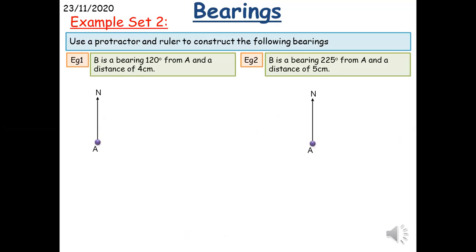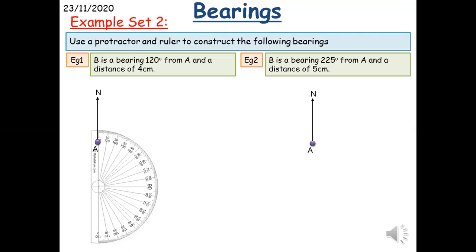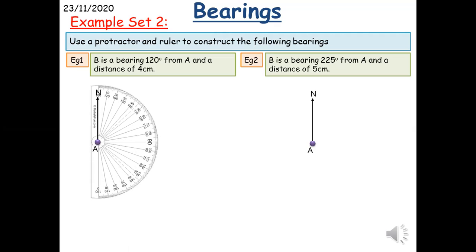Okay, another example, we're going to draw. B is on a bearing of 120 degrees from A. So I must draw an angle which is 120 degrees. Let's put the protractor, and then I will first decide where is 120. Here is 120.